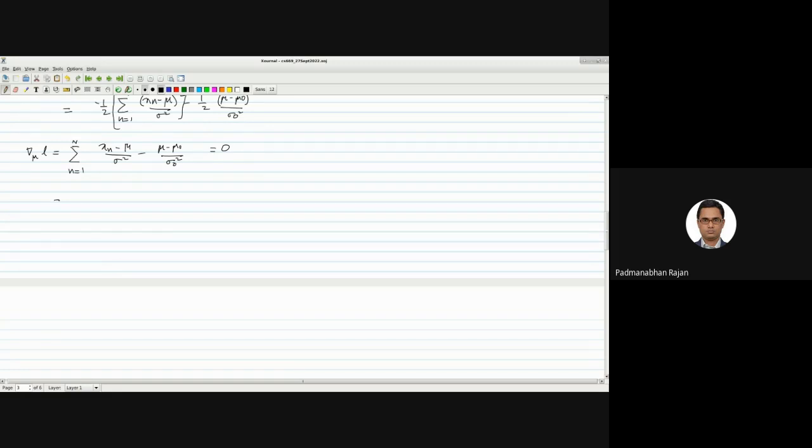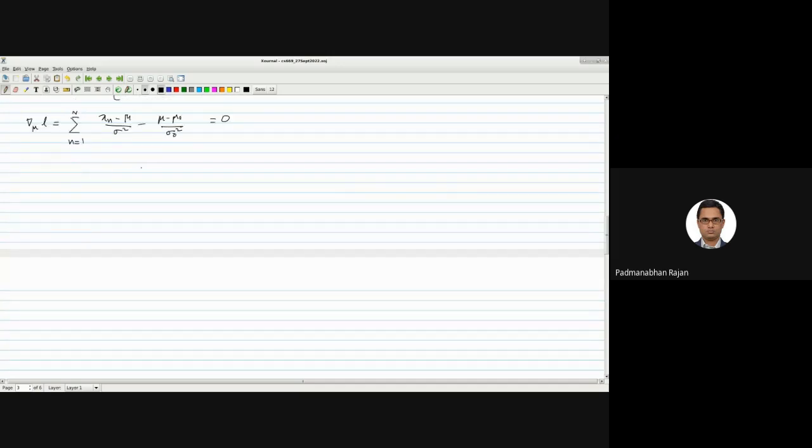Now do some rearranging. This gives the summation over n equals 1 to n of (xn minus mu) by sigma square is equal to (mu minus mu naught) by sigma naught square. I can split all the summations.